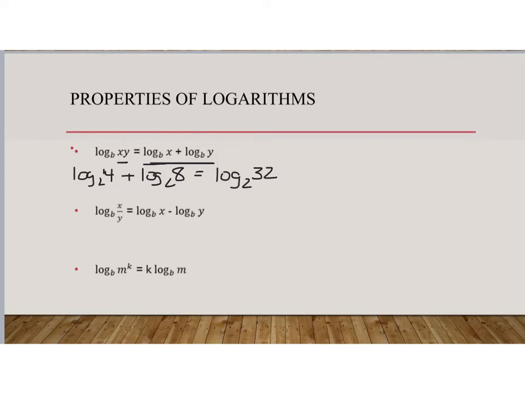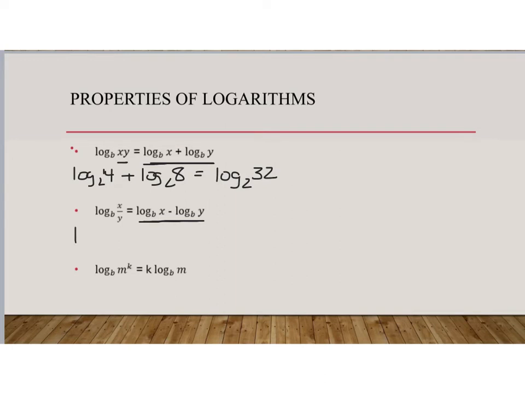In the second example, here we're subtracting two logs that have the same base. We're going to keep that base, and then we're going to divide. The same thing when you are dividing two numbers with the same base, you keep the base and you subtract the exponents. So if you're subtracting logs, which is like subtracting exponents, you can combine and divide.